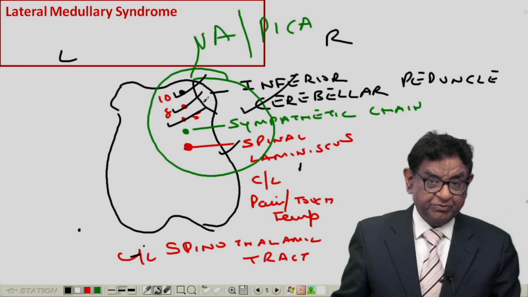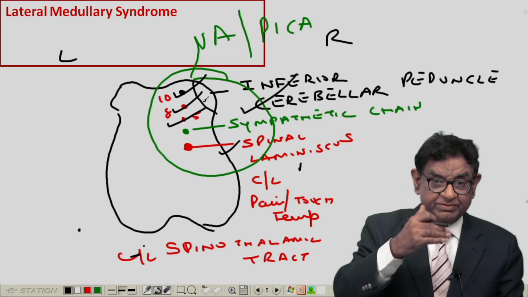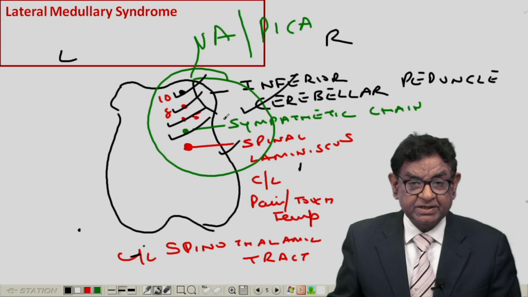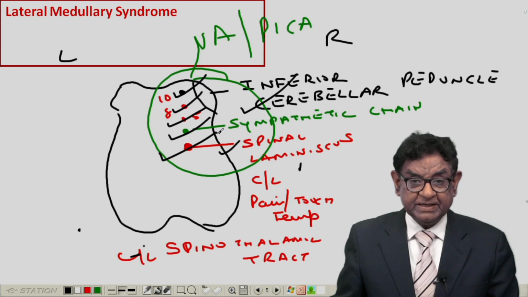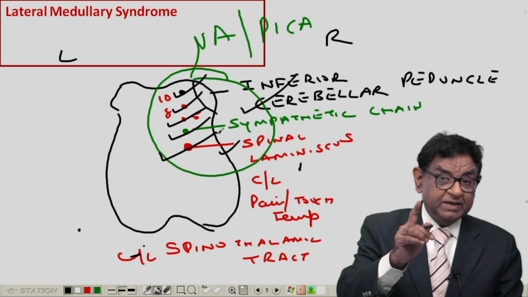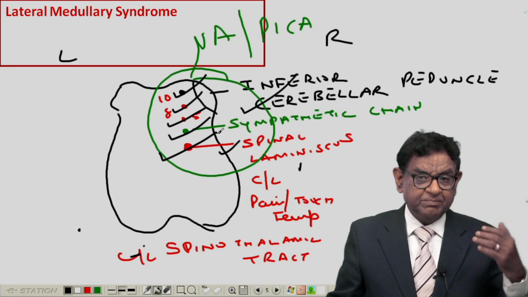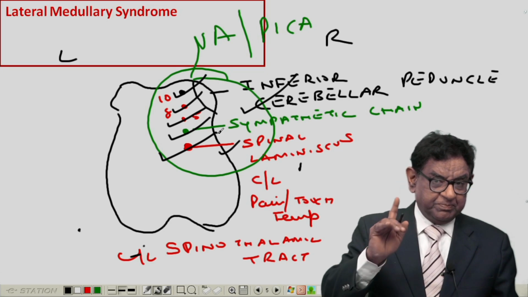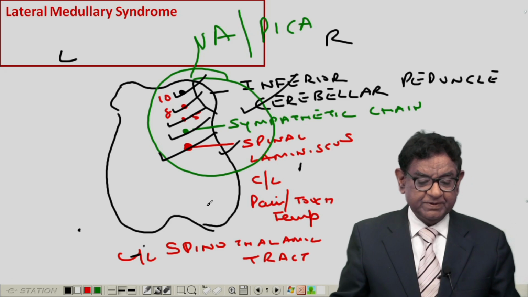Remember, all due to the 5th nerve, motor and sensory fibers will be involved on the ipsilateral side of the face. Ipsilateral Horner syndrome, but contralateral loss of pain, touch and temperature. Remember, sparing the face. Contralateral in the entire limbs, pain, touch, temperature will be lost, but pain, touch, temperature will be lost on the ipsilateral side of the face, right?